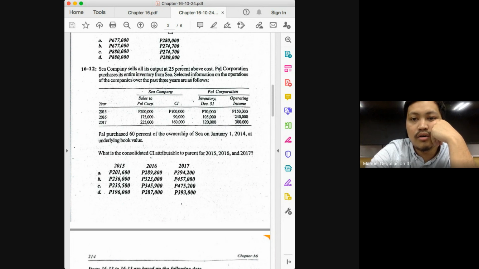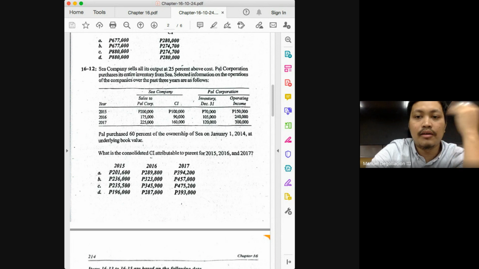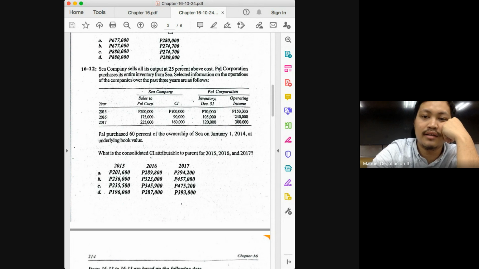So do we deduct the 70,000 from the 100,000? No, because the 70,000 represents what? The bill price or the selling price of these goods that are still in the ending inventory. What do we need? It is the markup on this 70,000. Okay, the gross profit on this 70,000.